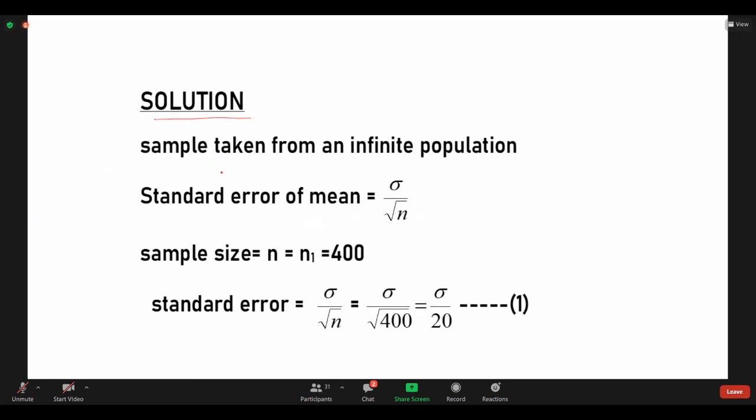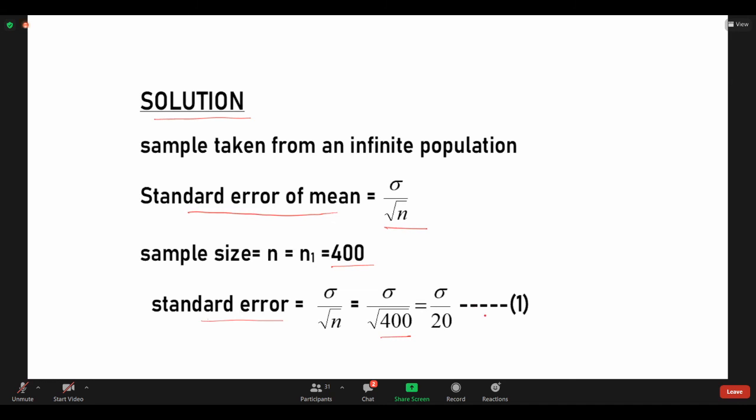The sample is taken from an infinite population, so standard error is sigma by root n. Initially the sample size is 400, so the standard error is sigma by root 400, that is sigma by 20.